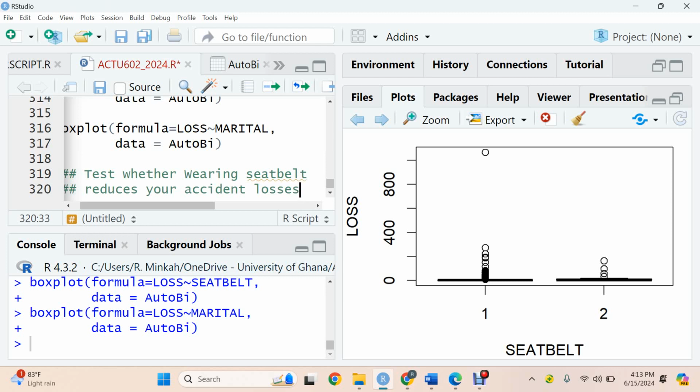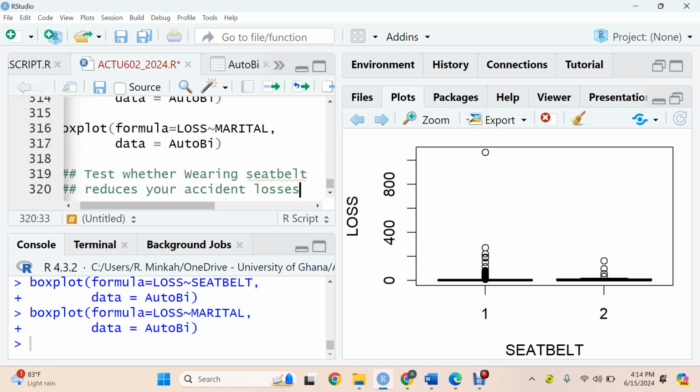Three, we need some critical region for your test. Four, once we have that, we can then make a decision. And five, we conclude.